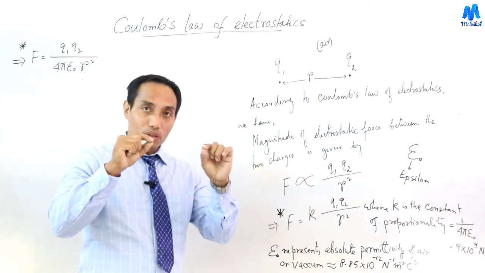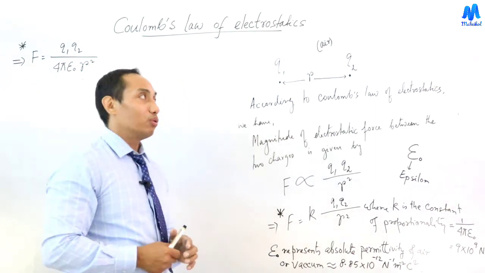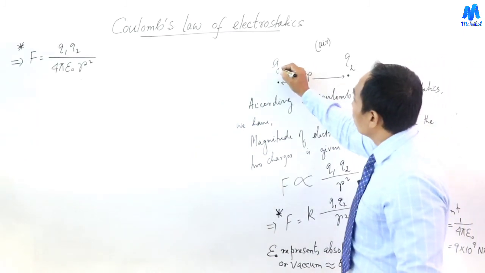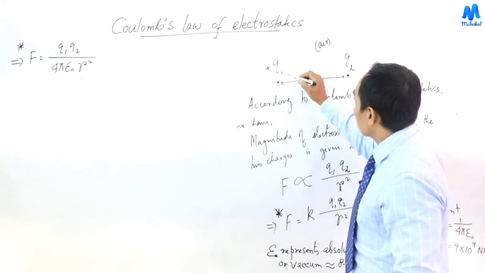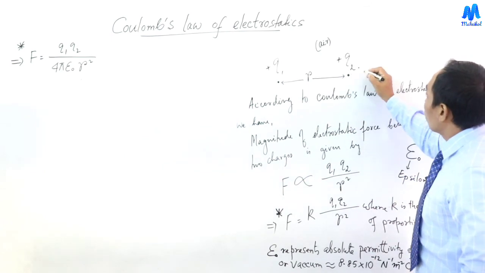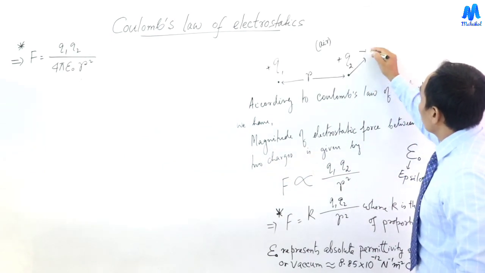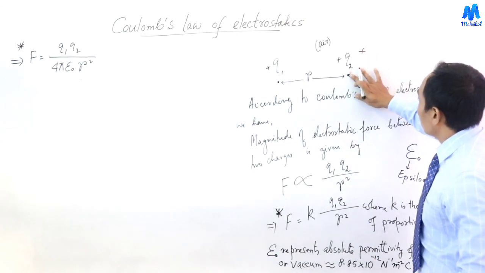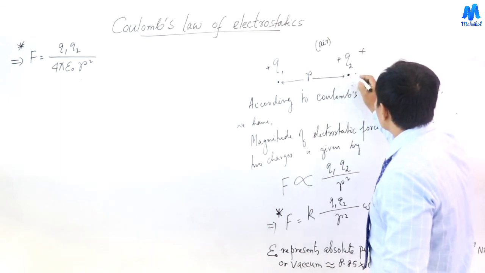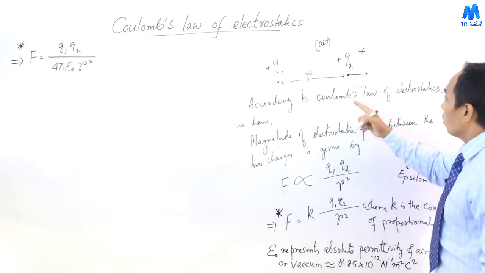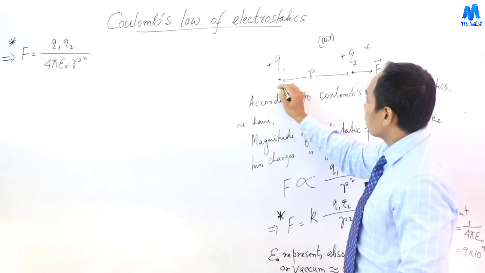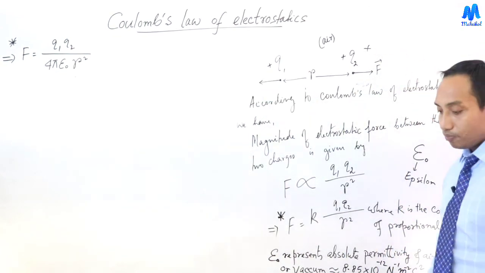The direction of force lies along the line joining the two charges. In this figure, if q1 and q2 are two positive charges, then a repulsive force acts, and the force acts in opposite directions. A central force acts along the straight line joining the two charges, either as a repulsive force or an attractive force, directed along the line joining the charges.